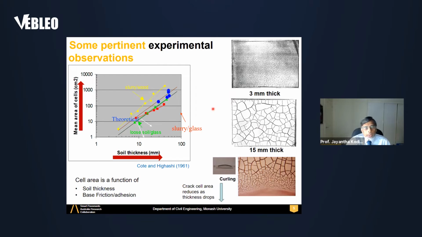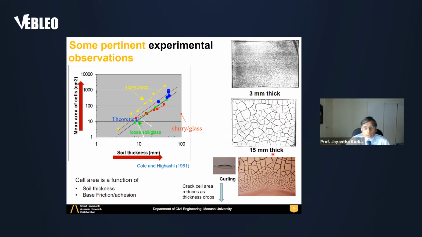Some pertinent experimental observations. Here I am plotting some results from experiments carried out in boxes. Soil is prepared at the wet stage, put into these boxes, and subjected to desiccation. Cracks emerge, and crack size varies depending on thickness.